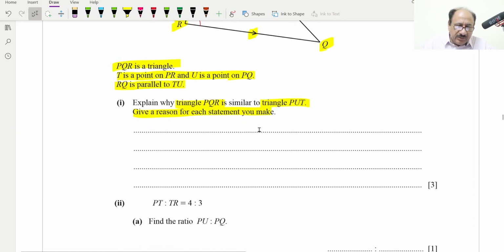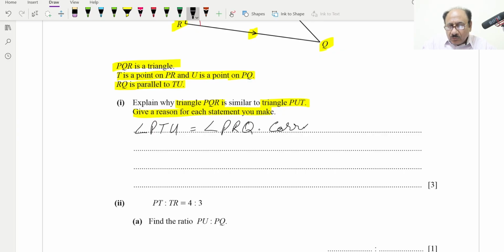So we will write this statement: angle PTU is equal to angle PRQ, and we will write here corresponding.